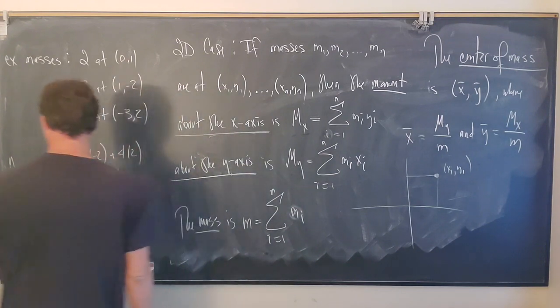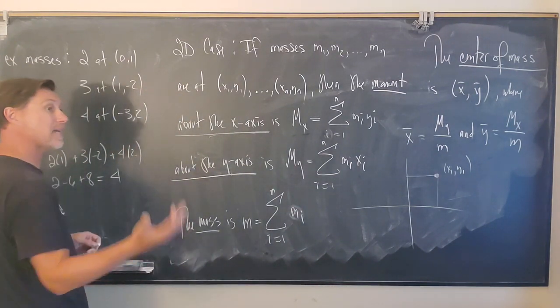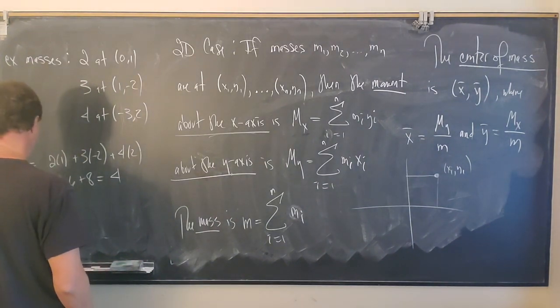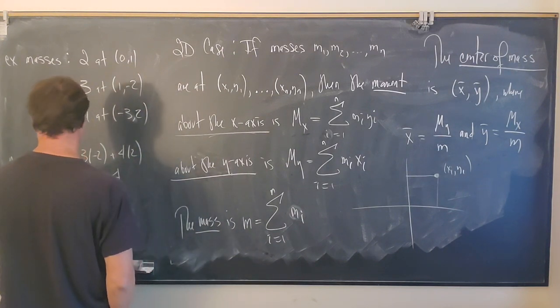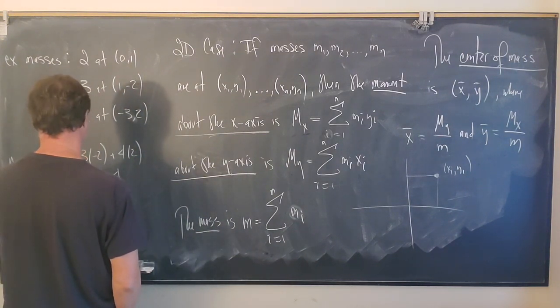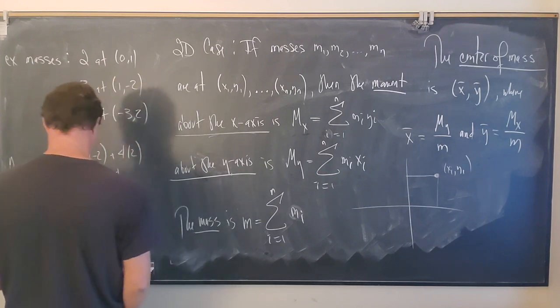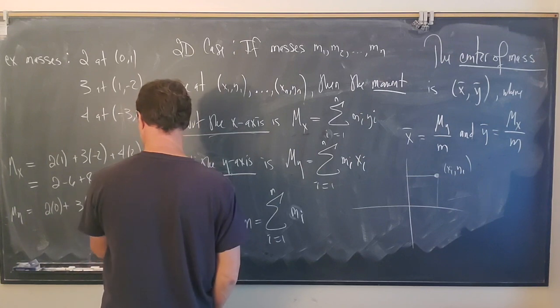And then we need to do m sub y. So that's going to be masses times x coordinates. So m sub y is going to be 2 times 0 plus 3 times 1 plus 4 times minus 3. And so that will give us negative 12 plus 3 is a negative 8.